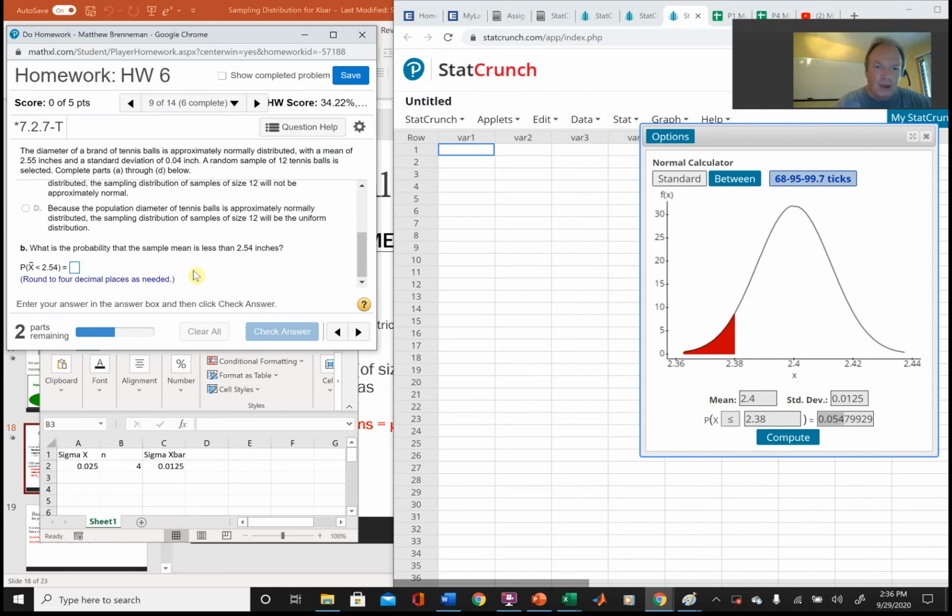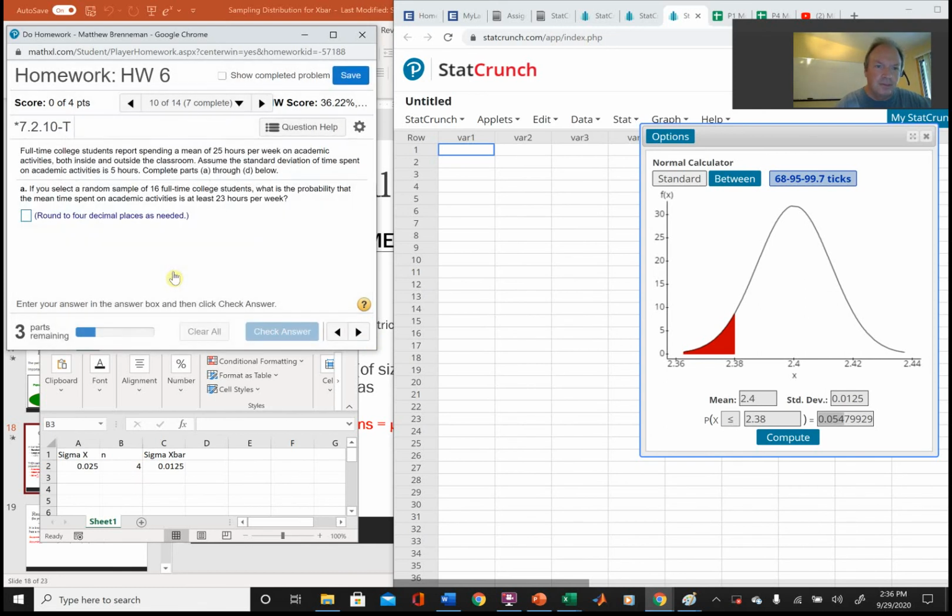Okay. What is the probability? Then you have to go through and do this calculation. I'm going to enter the mean here, figure out the standard deviation here, and put it into the calculator.